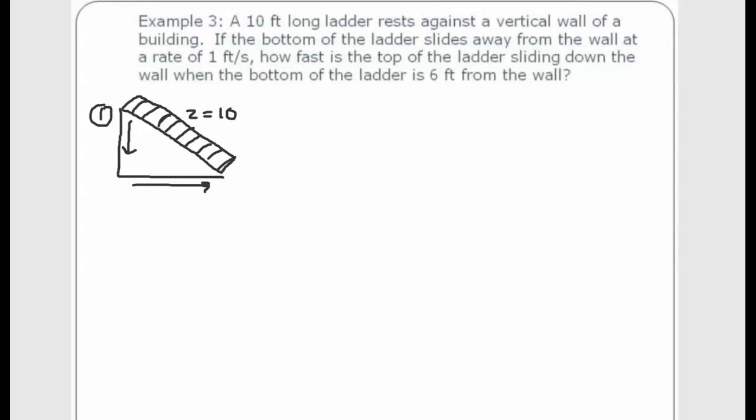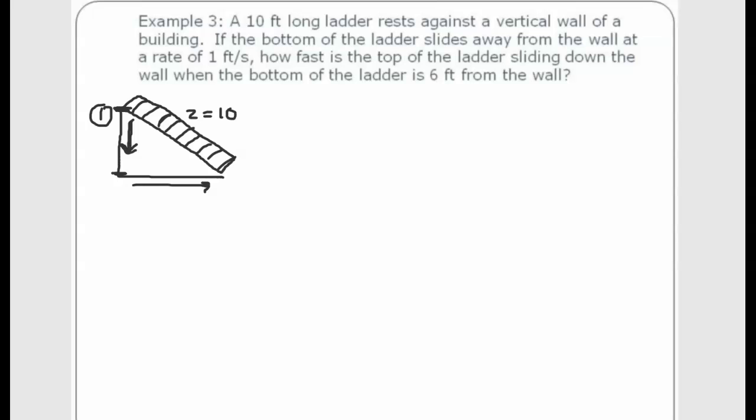So what that means is the height of the ladder from the top of the wall to the ground is shrinking. If a height is shrinking, what do we expect that rate to be? Should it be positive or negative if this distance is going down? If the distance is decreasing, my rate should be negative. Thank you.